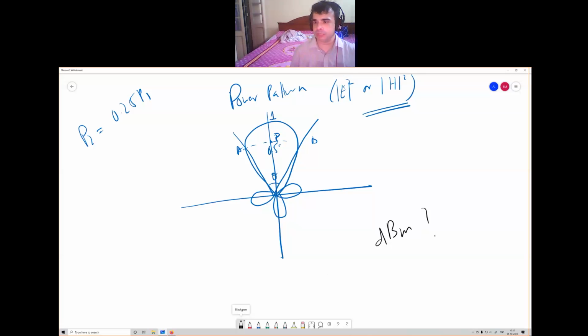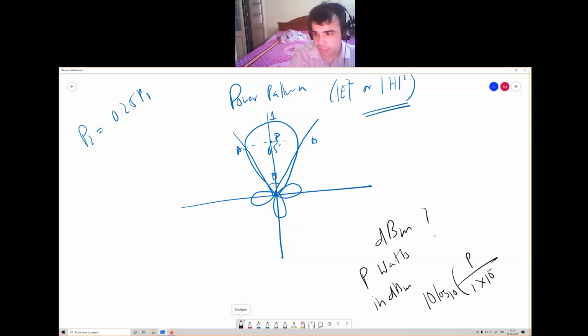How to measure dBm? Suppose we have power equal to P watts. So in dBm, it will be 10 log 10 P by 1 milliwatt.